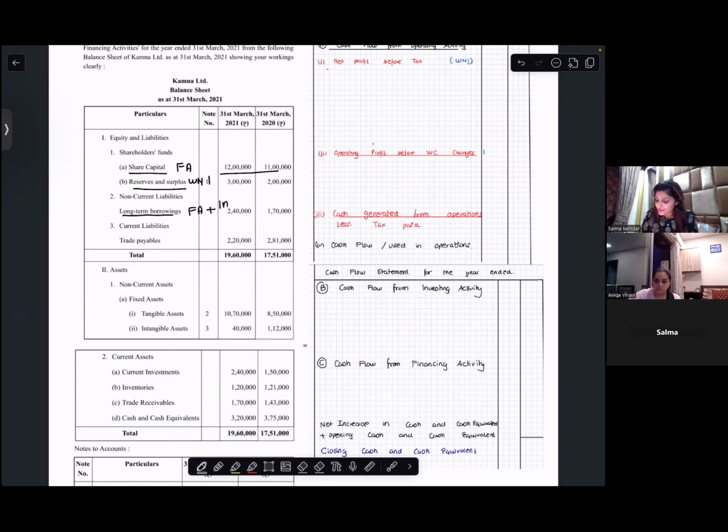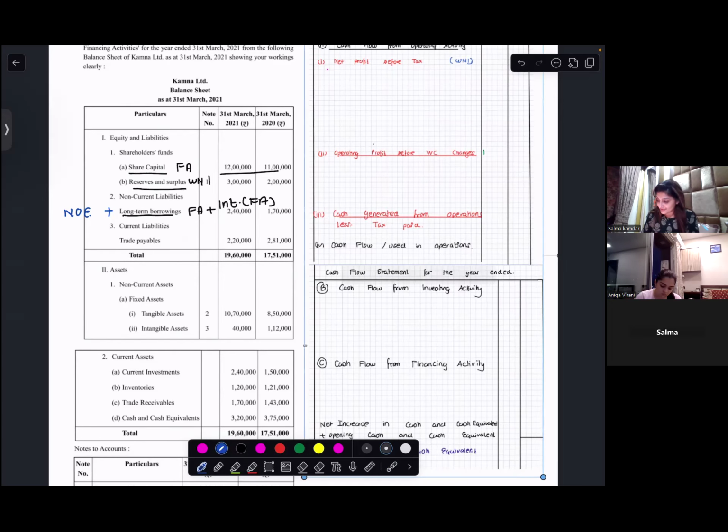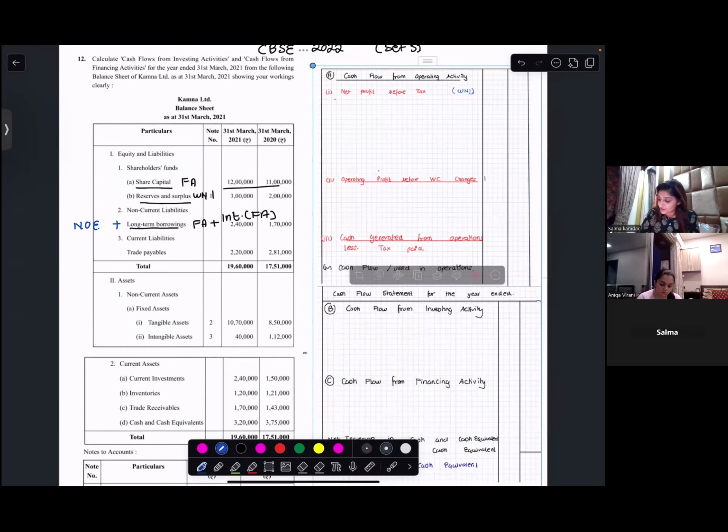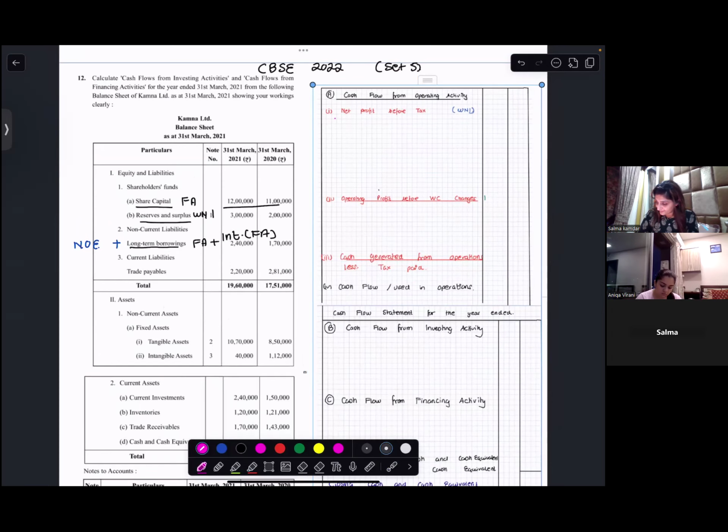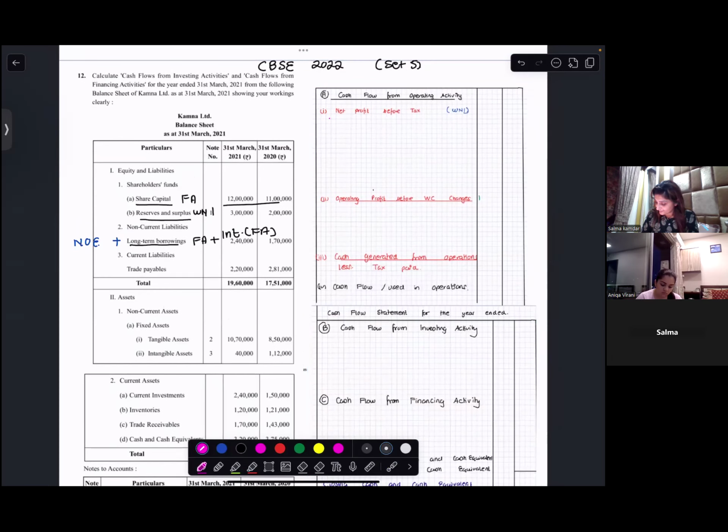Any interest on these long-term borrowings will also be related to financing activity, and it would also be related to your non-operating expenses. That means it would come in this first part over here. Are you with me? Okay, this I am discussing keeping in mind that you know the basic format already.